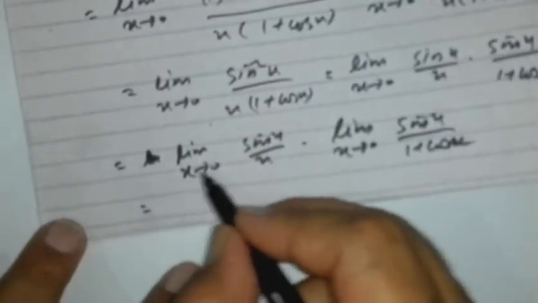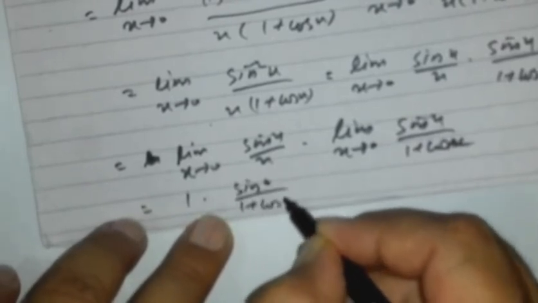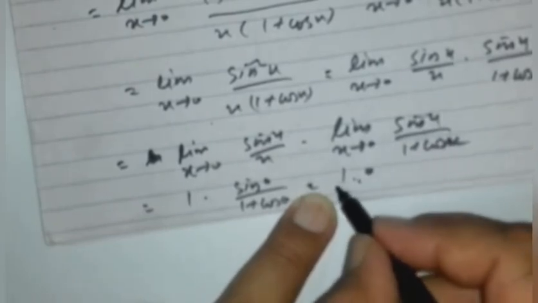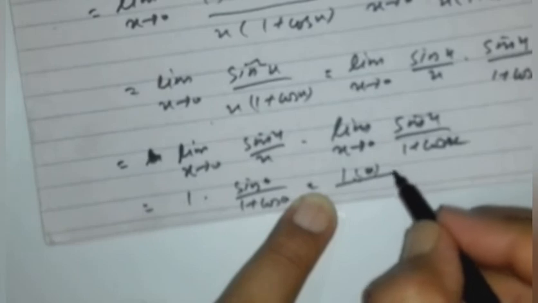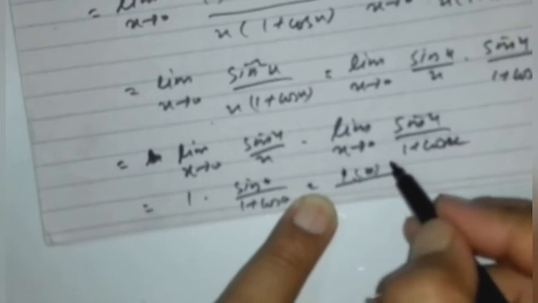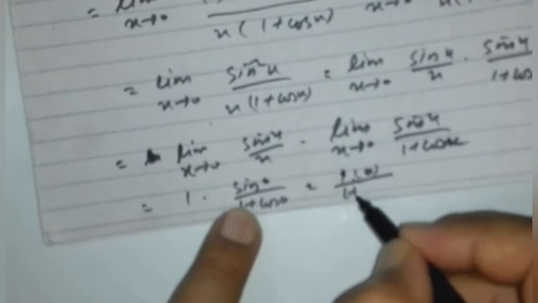Now limit x tends to 0, sin x by x value is 1, and here put 0: sin 0 by (1 plus cos 0), so 1 into sin 0 value is 0 divided by 1 plus cos 0 value is 1.